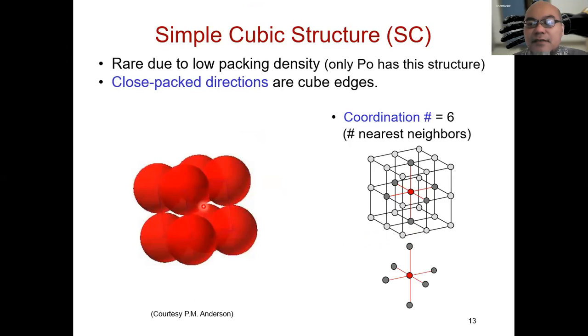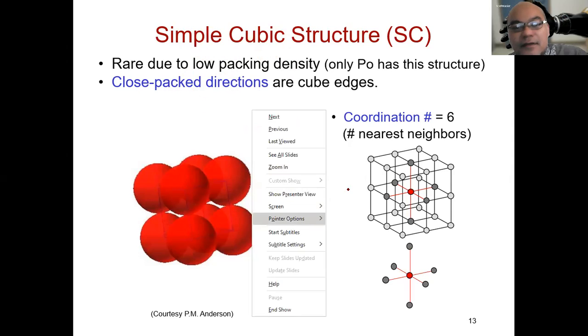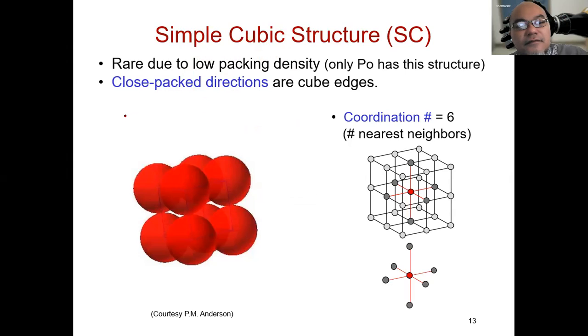First is the simple cubic structure. In simple cubic structure, basically the layer looks like the square one. The two-dimensional layer looks like the square one, in which case each atom is surrounded, in two dimensions, by 8. But in 3 dimensions, since you stack them one by one, for example, let me try to draw it.